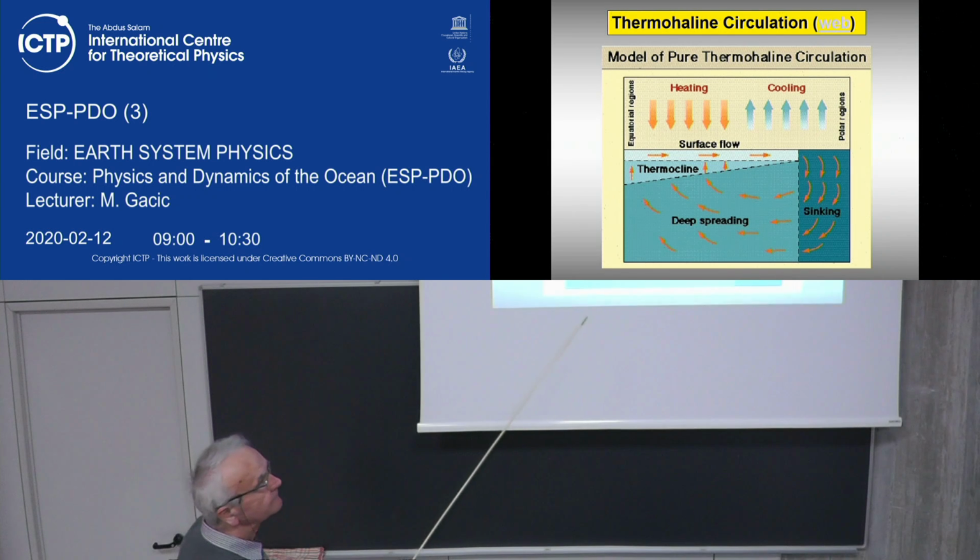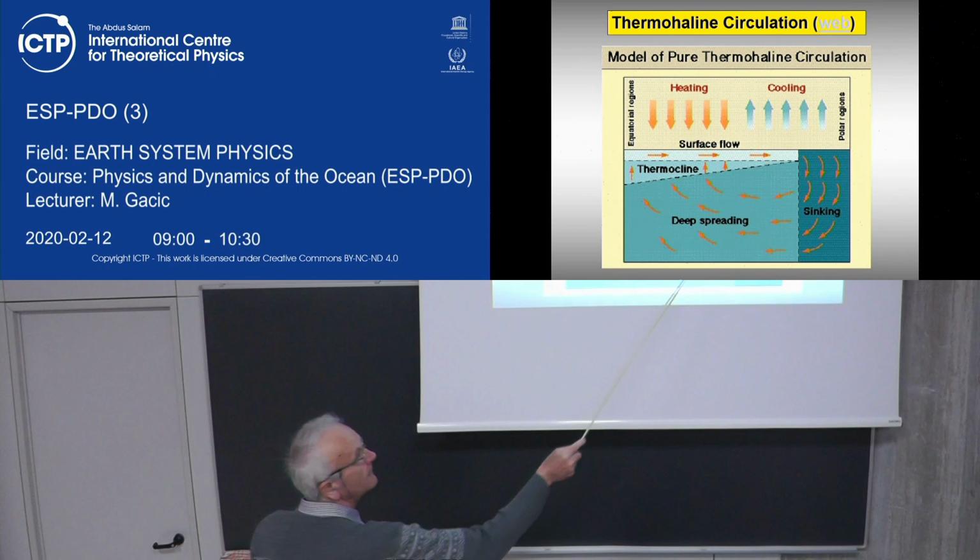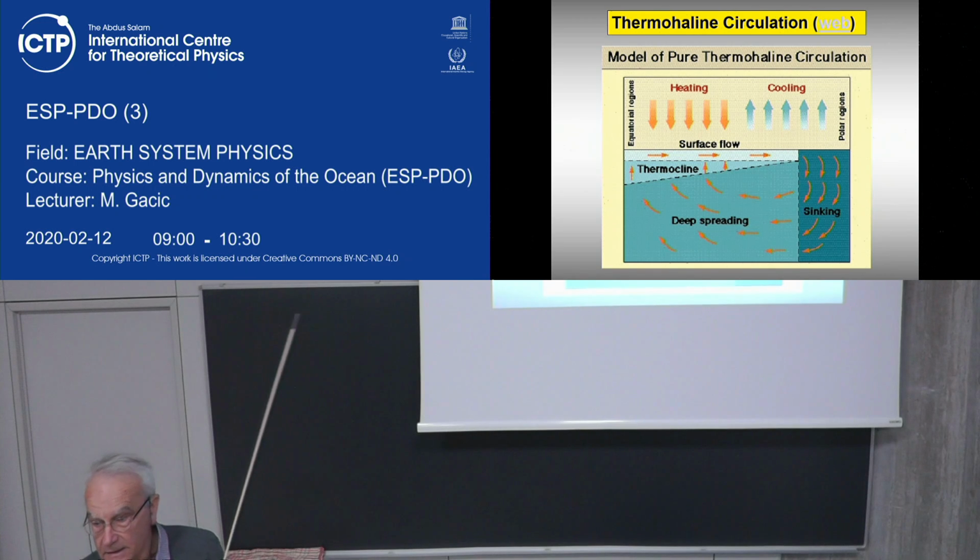Since the sea surface cools here, it becomes colder than the deeper layers, and the density at the surface becomes higher than the deeper layers.